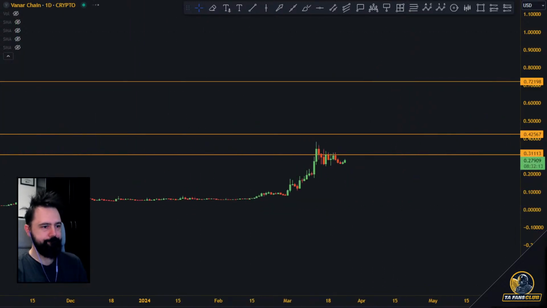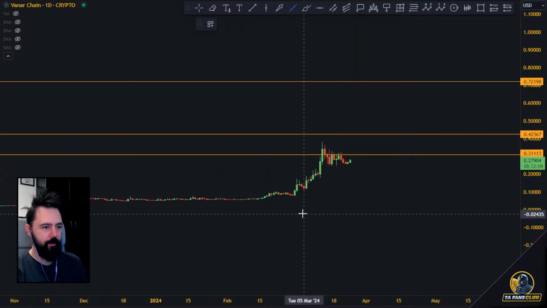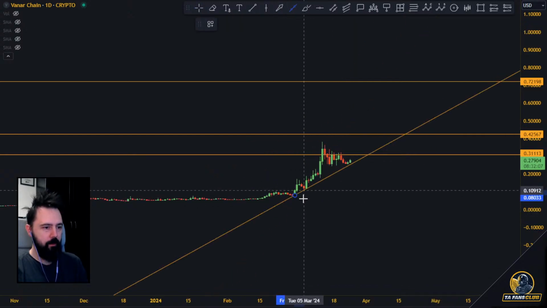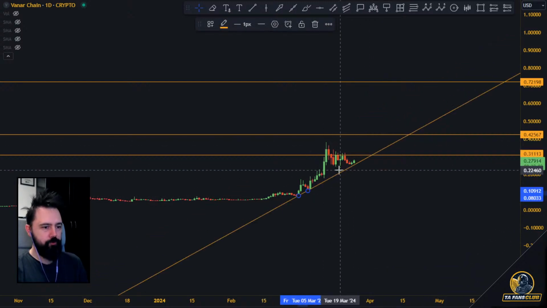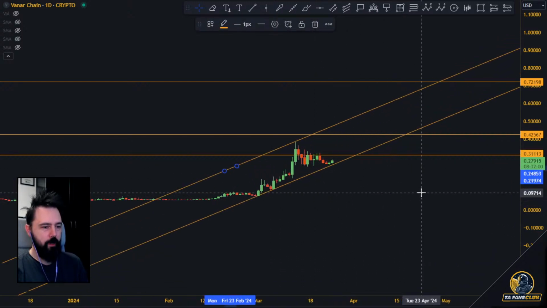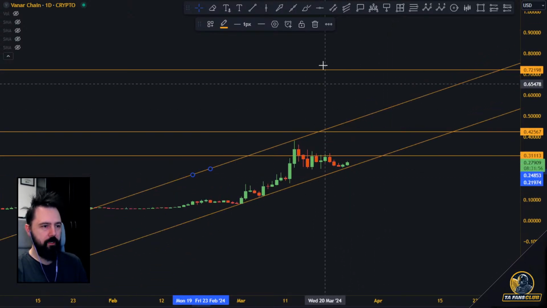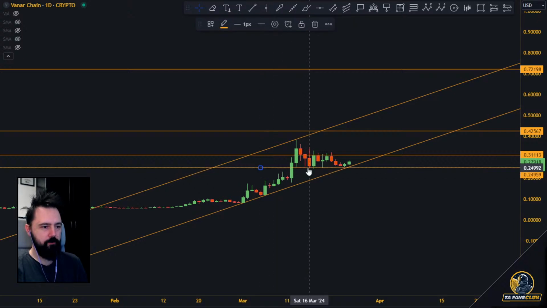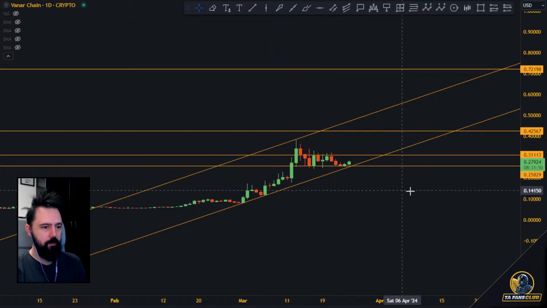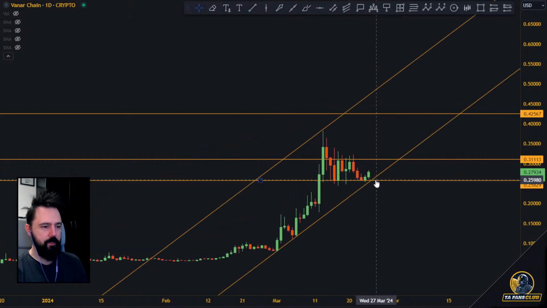So now there is a good chance for a bounce over here. I mean, it is consolidating over here sideways right now, and it's hitting the support level.